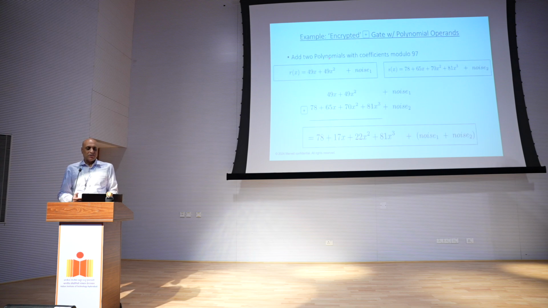So now we can go over our previous example and do this in encrypted fashion. I have my two polynomials. I take the first polynomial and add a noise term. I take the second polynomial and add my noise term. And then, as before, I can add these two polynomials, and I get a result with the additive noise. Okay, that's pretty straightforward.